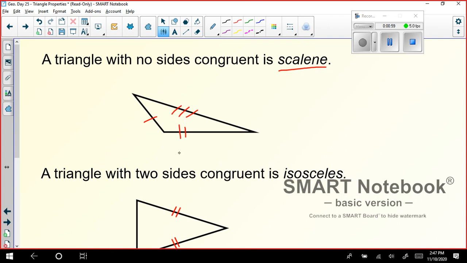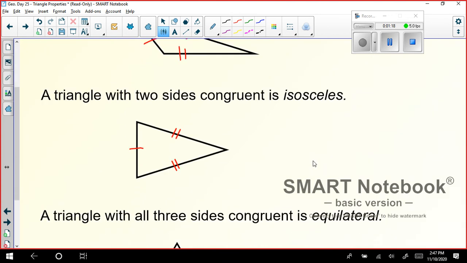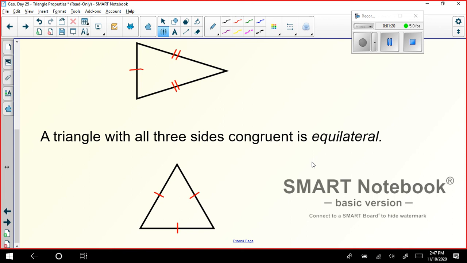Then we saw an isosceles triangle, where these two sides are equal with two hashed lines, and this is of a different length. Scalene triangle has none of the sides equal. Isosceles triangle has a pair of sides equal, or two sides to be equal. Equilateral triangle is a triangle where all the three sides are equal.